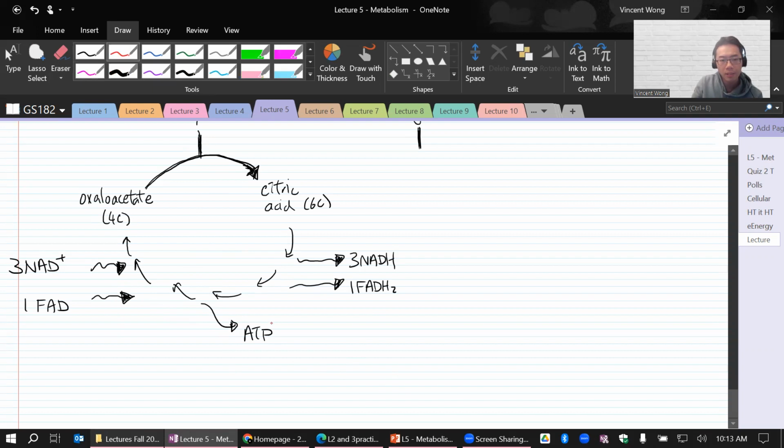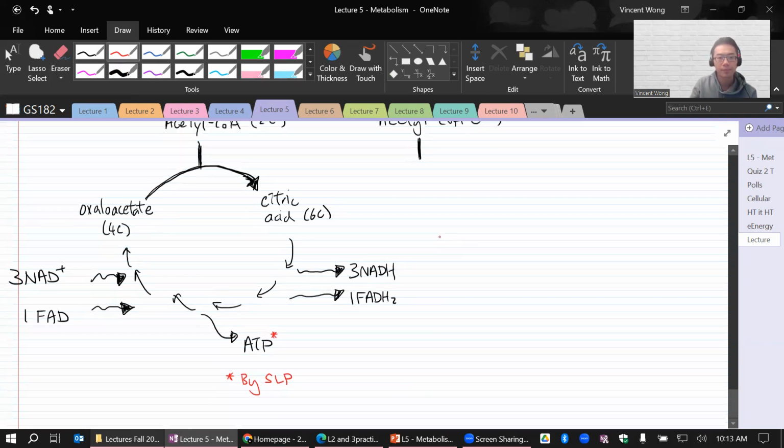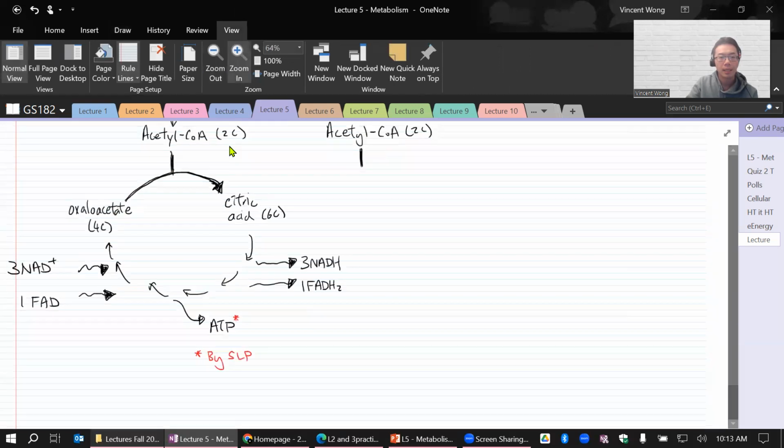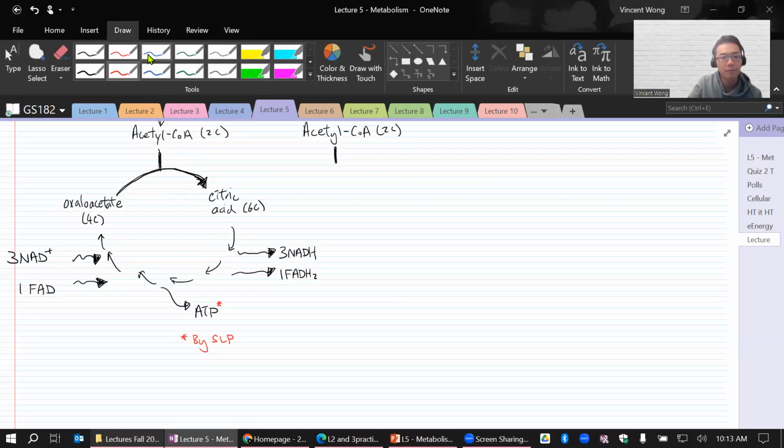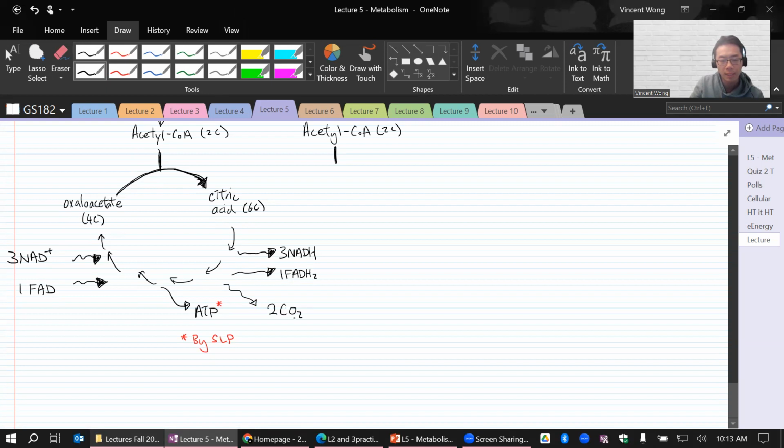So this over here is by substrate level phosphorylation. And at the end, when you have broken down the citric acid, we would also be releasing the remaining 2 carbon dioxide.